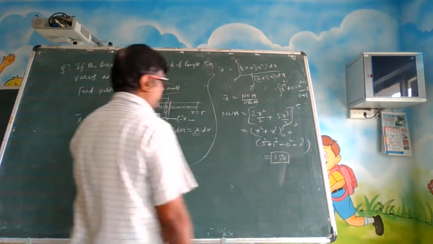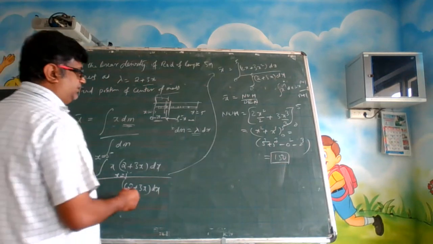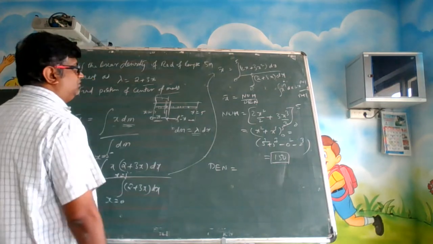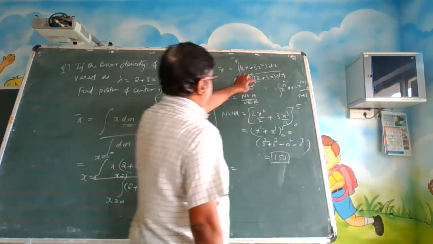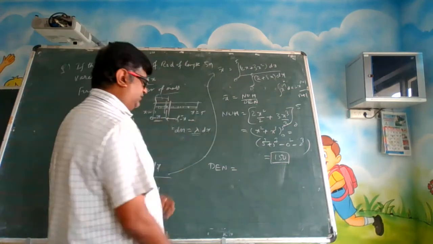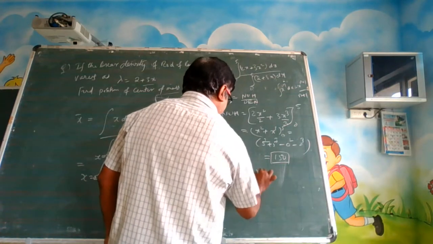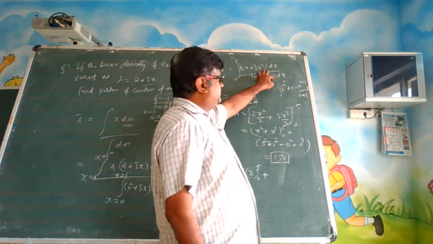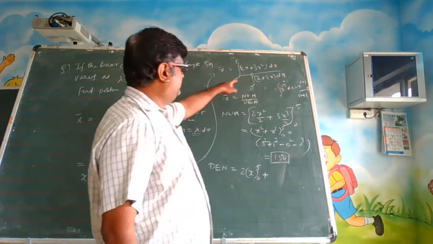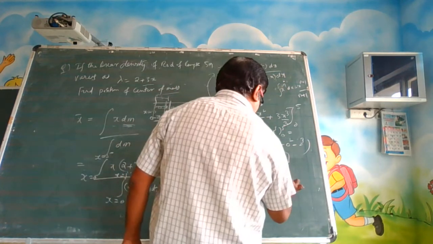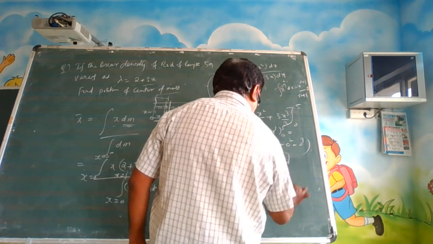Now let us find the denominator value. The denominator is 2 dx, and the integration of 2 dx will become 2x, from 0 to 5, plus 3x. x will become x square by 2 when you integrate using this formula. So it is 3x square by 2 from 0 to 5.